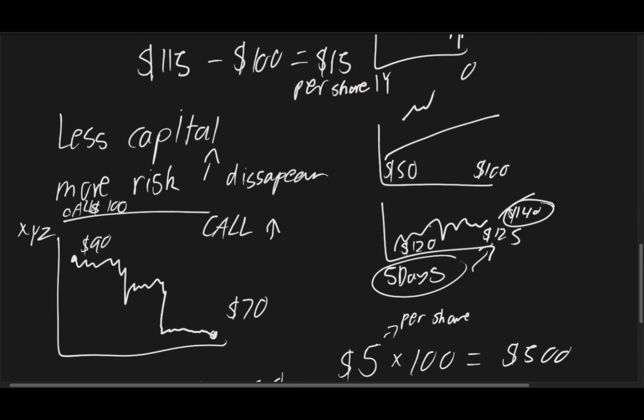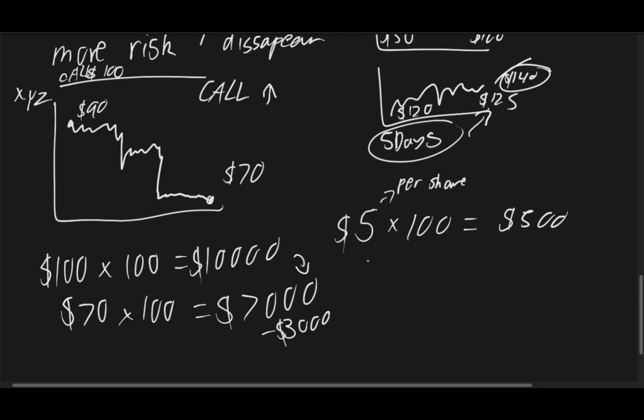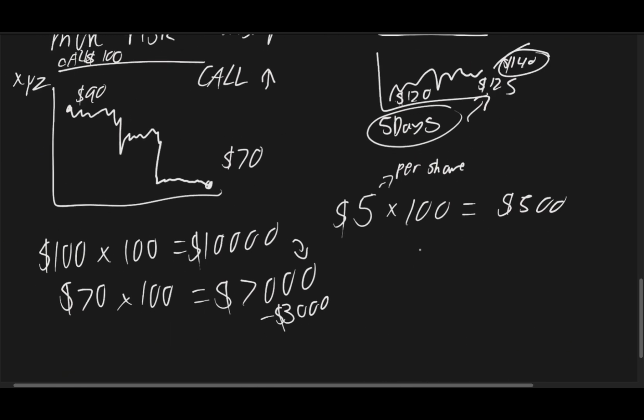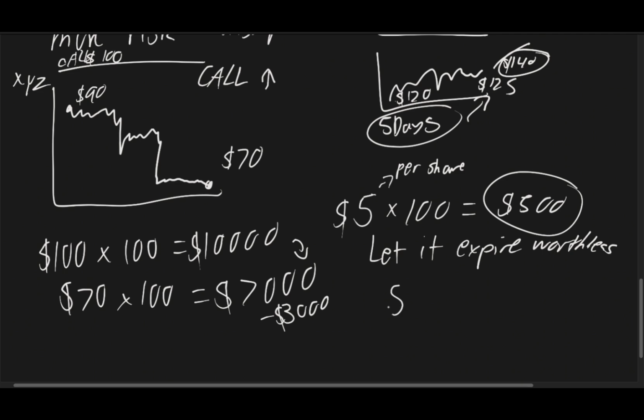And this basically means that you are not obligated to exercise this. You're not obligated to buy this stock and take on the $3,000 loss. You can simply let it expire worthless. You do not have to exercise this option. So your max loss is the premium you paid, which is $500. So you only lose $500 from this.